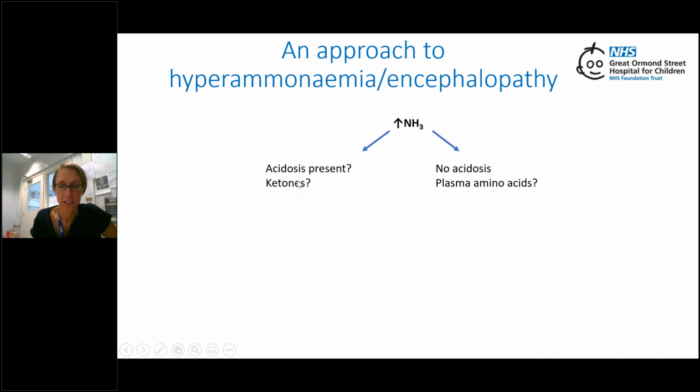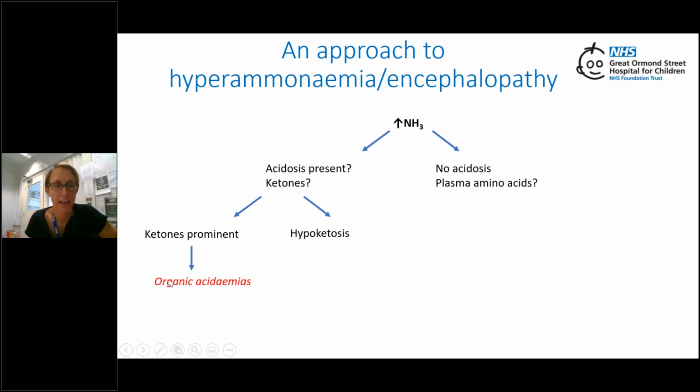You can then check the ketones, because that will give you further information on which metabolic defect is likely. If you have prominent ketones and a significant metabolic acidosis, this is more indicative of an organic acidemia. However, if you don't have any ketones present when you do have metabolic acidosis, you often see this picture in a fatty acid oxidation defect.